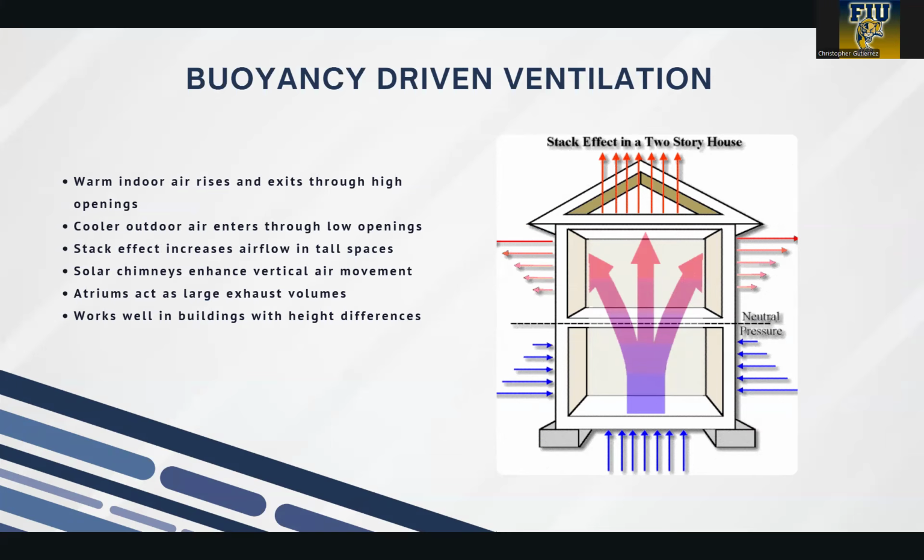This creates a vertical airflow known as the stack effect. The effect becomes stronger in tall spaces because the temperature difference creates more upward force. Solar chimneys heat air inside a vertical shaft to increase upward flow. Atriums act as large exhaust volumes. This method works best when the building has a clear height difference.